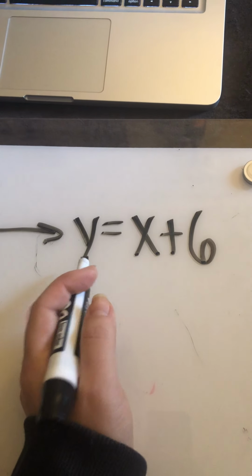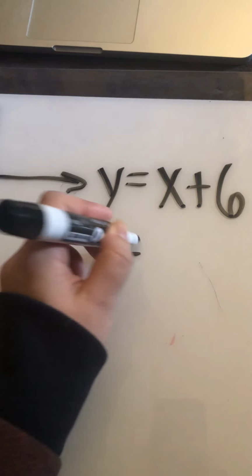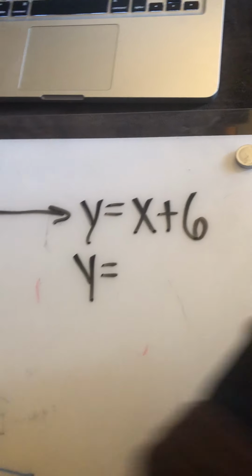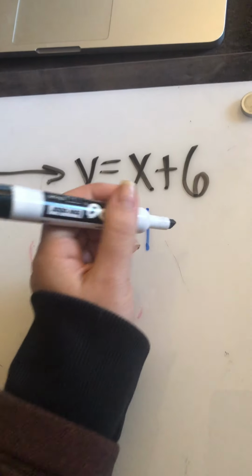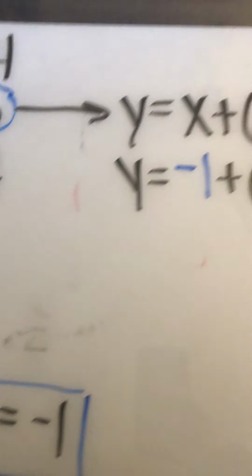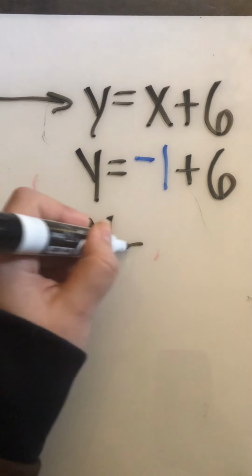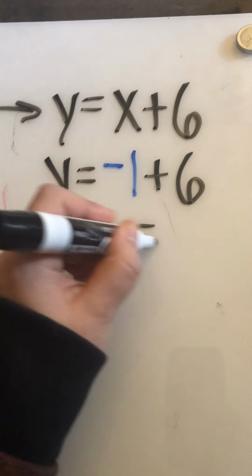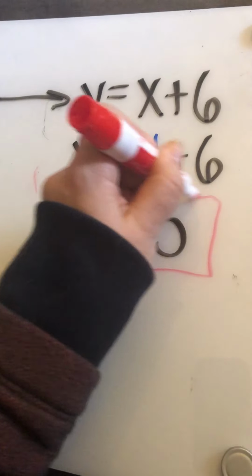Because remember, in a solution, we need an x and a y. It's a point. So I'm going to rewrite this as y equals, I'm going to put -1 for x and plus 6. Okay, so I substituted in our value of x in one of the two equations. I then just simplify. -1 plus 6 would be 5. And now we have our value for y.